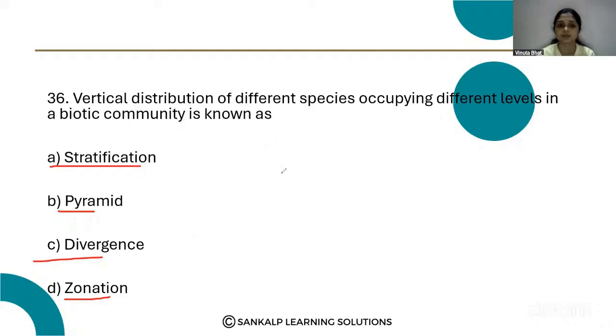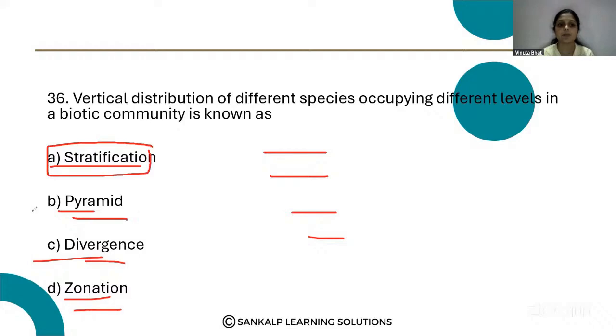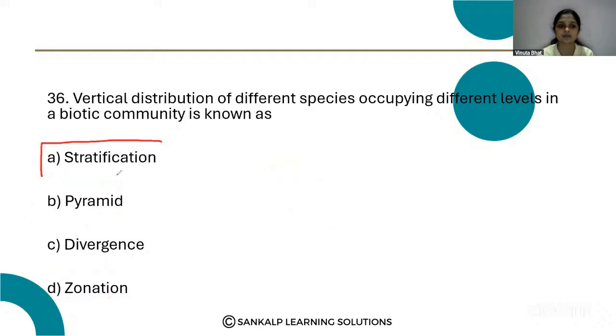Here, the vertical distribution of the different species occupying the different levels, what do we call it? That is called stratification, not pyramid, divergence, or zonation. Option A, stratification, is the correct answer.